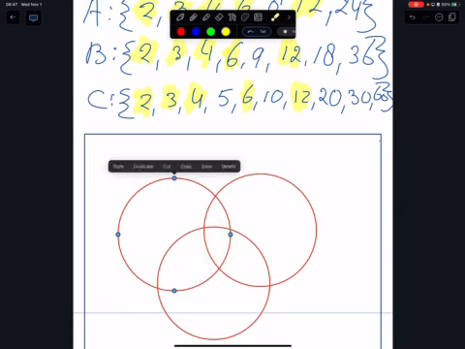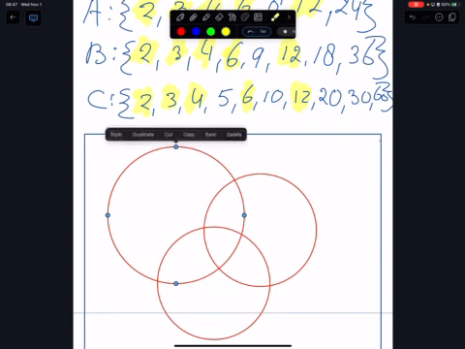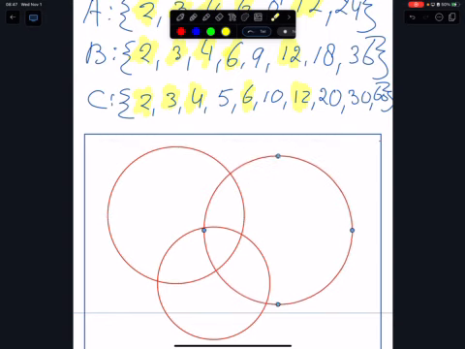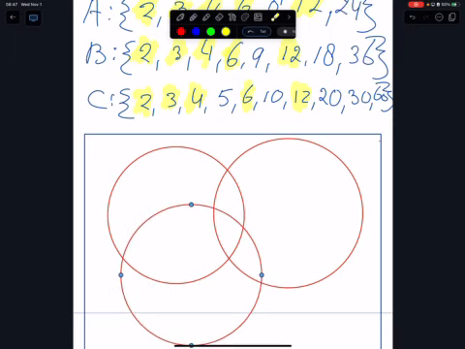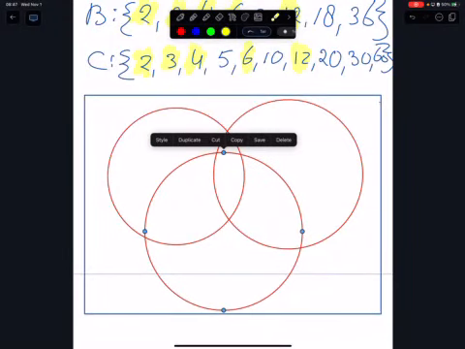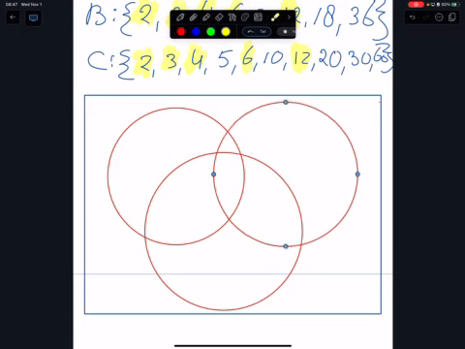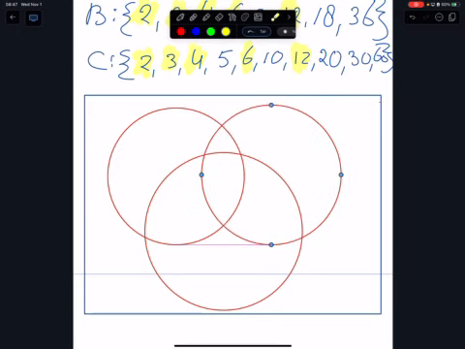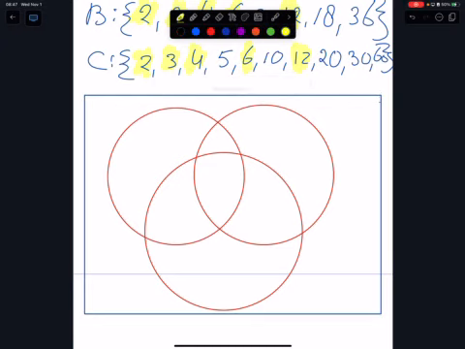So let me make this circle bigger. So we have 2.